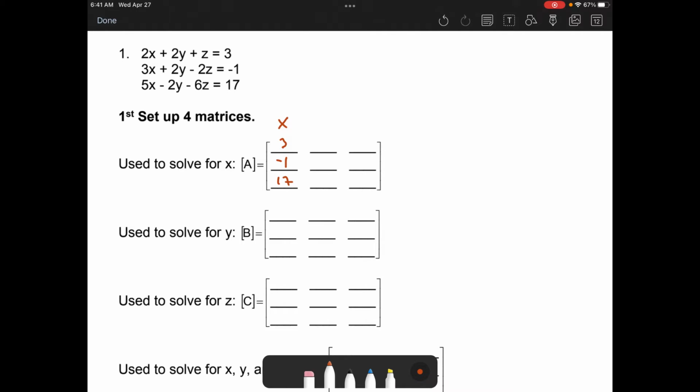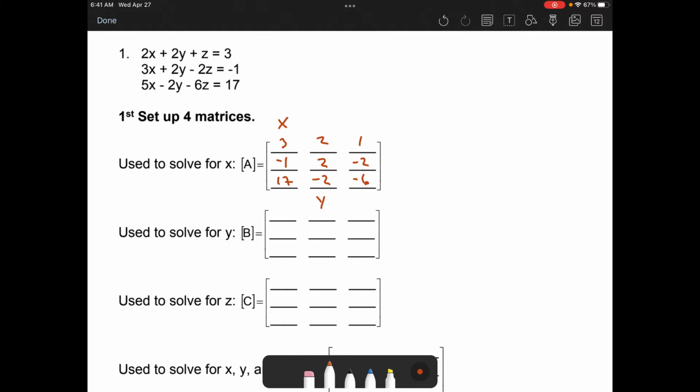Then my y and z coefficients will remain the same: 2, 2, -2 for my y's, and 1, -2, -6 for my z's.